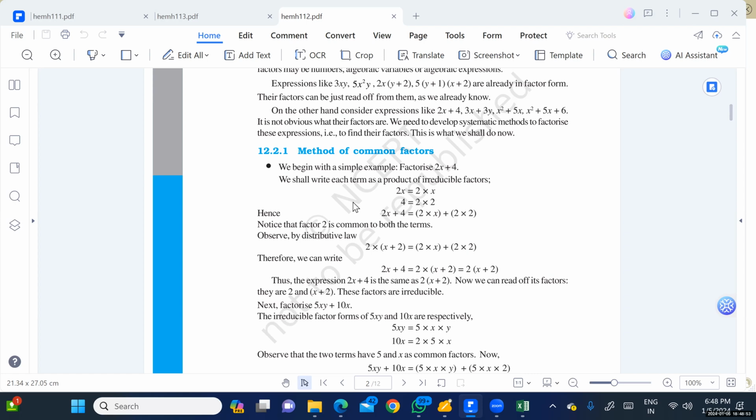Yes, please. Sir, in the distributive law, we can break one number into many parts. Yes, but in the distributive law, we also talk about monomial and binomial terms. Oh, yes, sir.